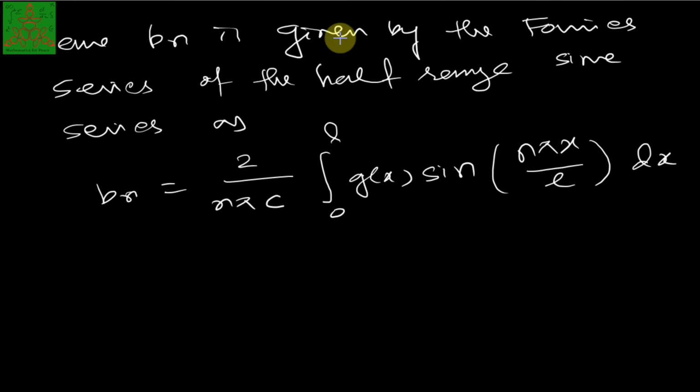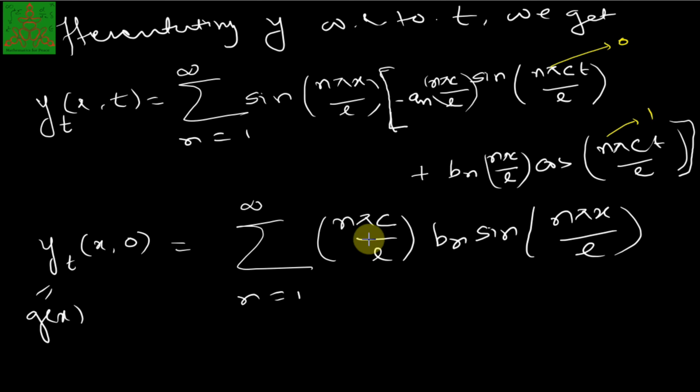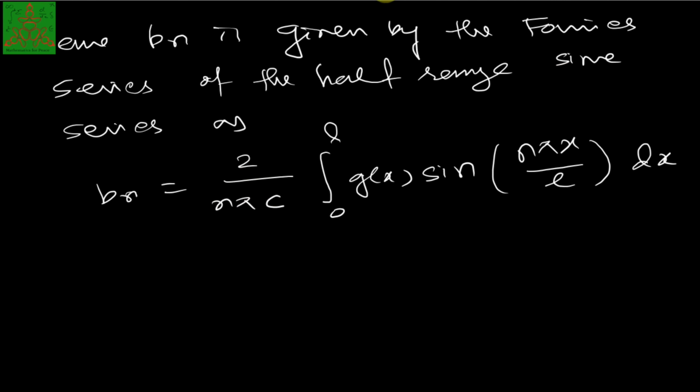This constant appears because bn is already multiplied by n pi c upon L. We have achieved the same result as when deriving the D'Alembert solution for a finite string.